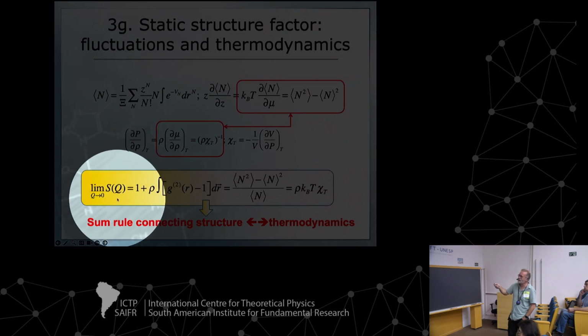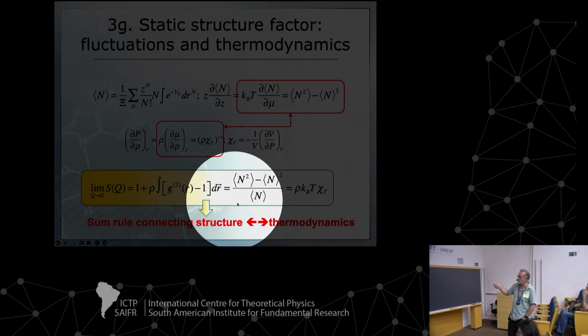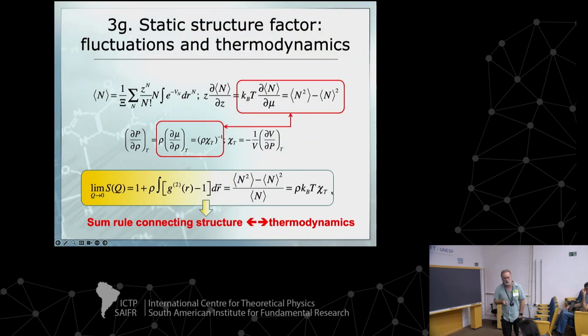So that means that this limit is the density fluctuation, which is actually the isothermal compressibility. That is telling you something that already was mentioned before. And this is called a sum rule. This is the sum rule because it has an integral of a correlation function leading to a quantity that is a macroscopic property. And this is the sum rule that connects structure and thermodynamics.